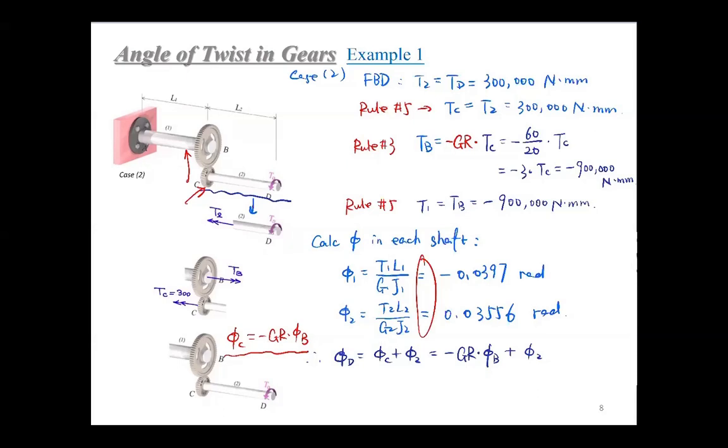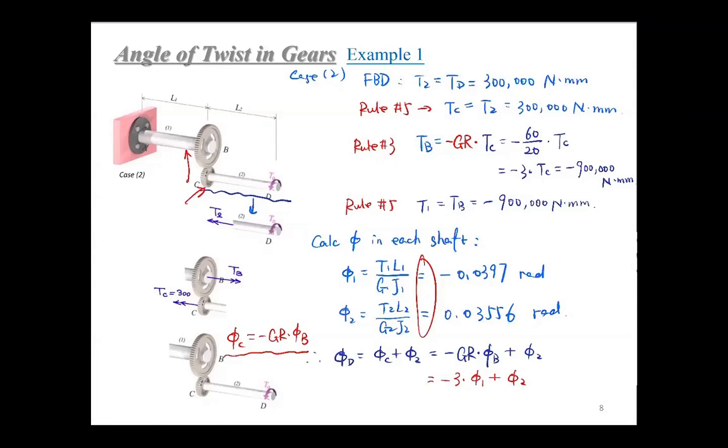So I hope you have seen that the golden rule works very well. Here we're just using a 3. And this phi B equals phi 1, so we get negative 3 times phi 1 plus phi 2.